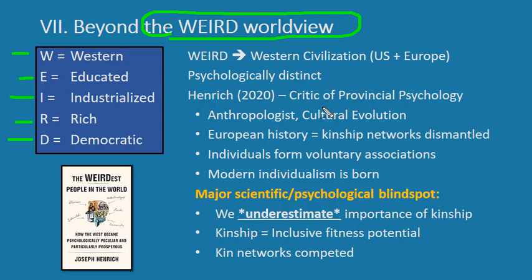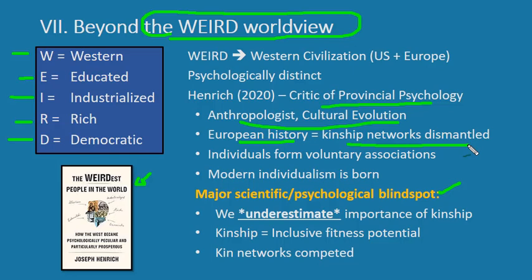So he becomes this critic of provincial psychology based on his perspective as an anthropologist and someone who works with cultural evolution. And I'll talk about why I'm mentioning this here in a second, but his basic model, which is in this new book, The Weirdest People in the World, is that European history is a story of kinship networks being dismantled.